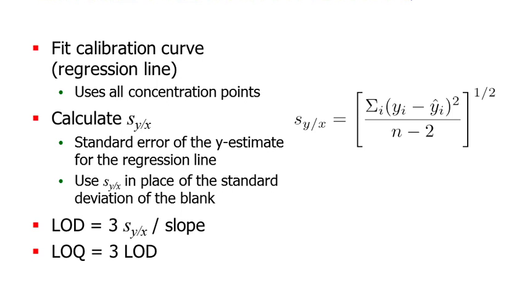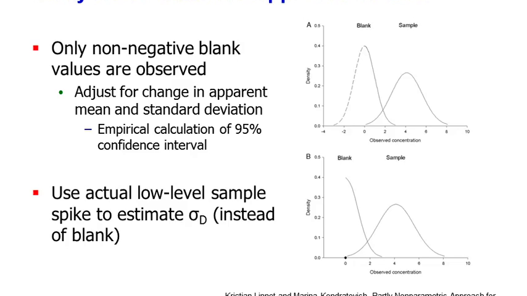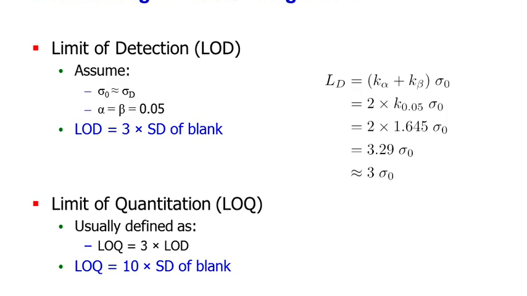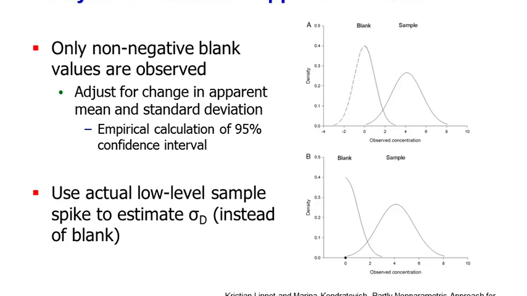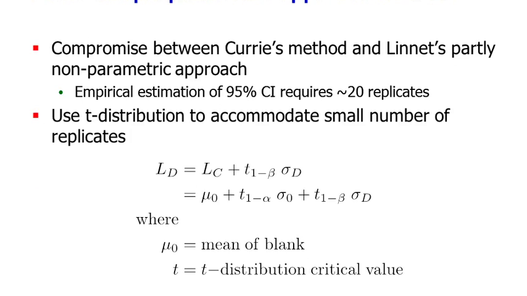And the other thing here is you divide by the slope. So usually you assume that the slope is 1, and so in these examples where we use just the blank or the blank plus the low concentration sample, we assume that the response is linear and the slope of the regression line is 1. So we don't divide by the slope.